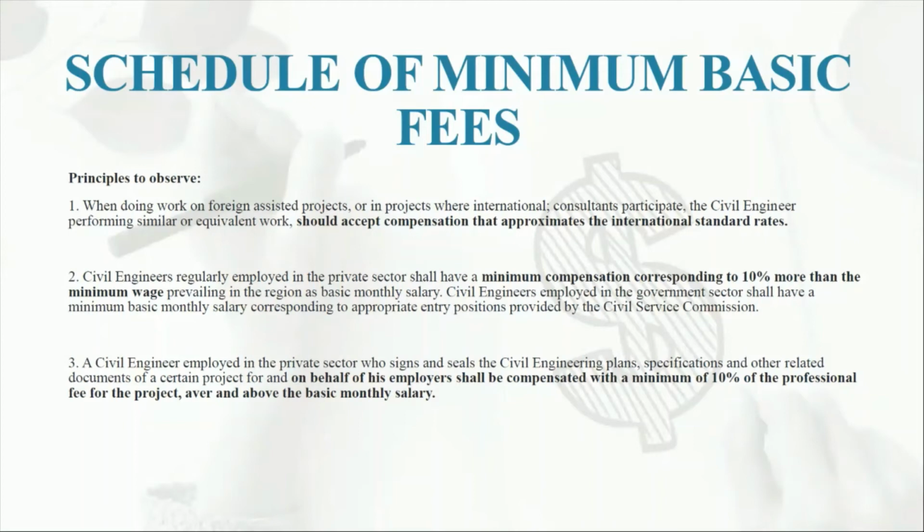So this explains itself. The engineer must have a minimum compensation of 10% if they are the one who signs and seals the plans, specifications, and other related documents, which means it's for a larger scale, and this is only applicable for private sectors.